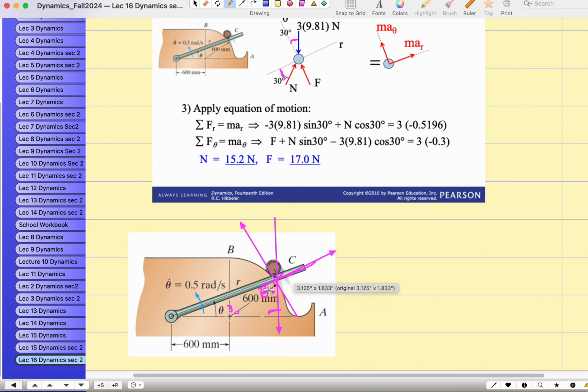So if this is 60 degrees, this is 60 degrees, vertical angles.